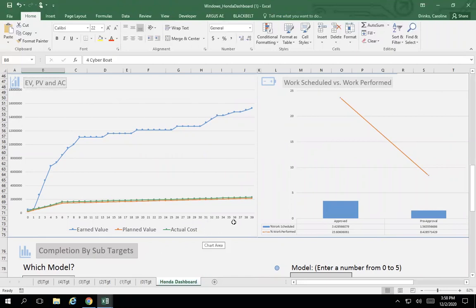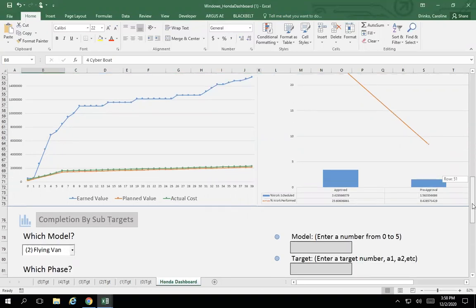And then taking a look at the work scheduled versus work performed, the blue bars show us the percent of work scheduled to be performed, and then the orange line tells us the work that was actually performed. And in this case, the percentage of work actually performed is greater than the work scheduled, also indicating good project health.